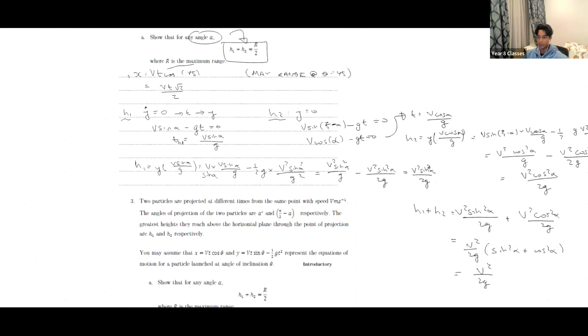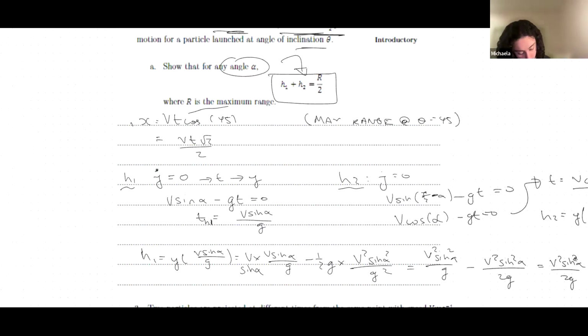Now we need to see how we can make range look like v squared on g somehow.